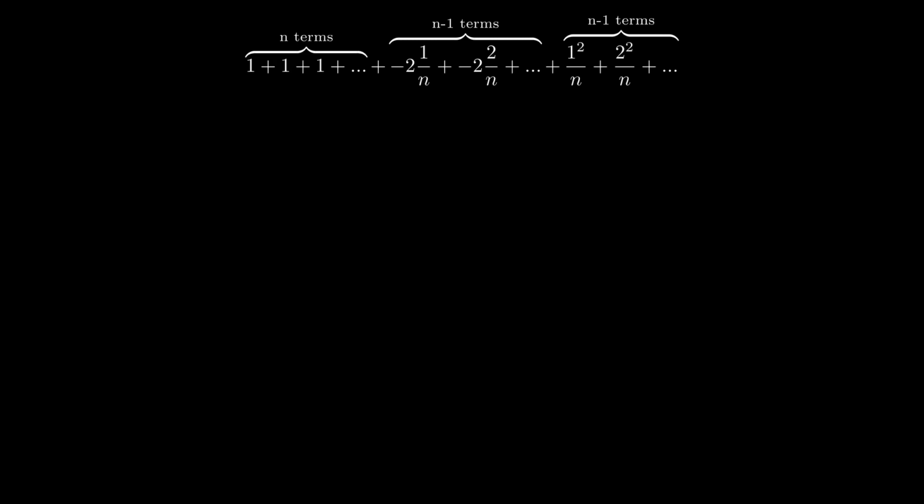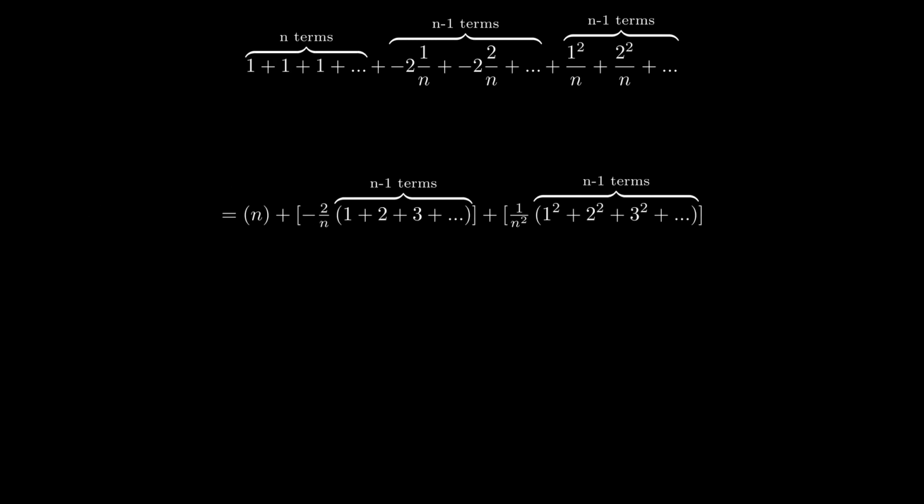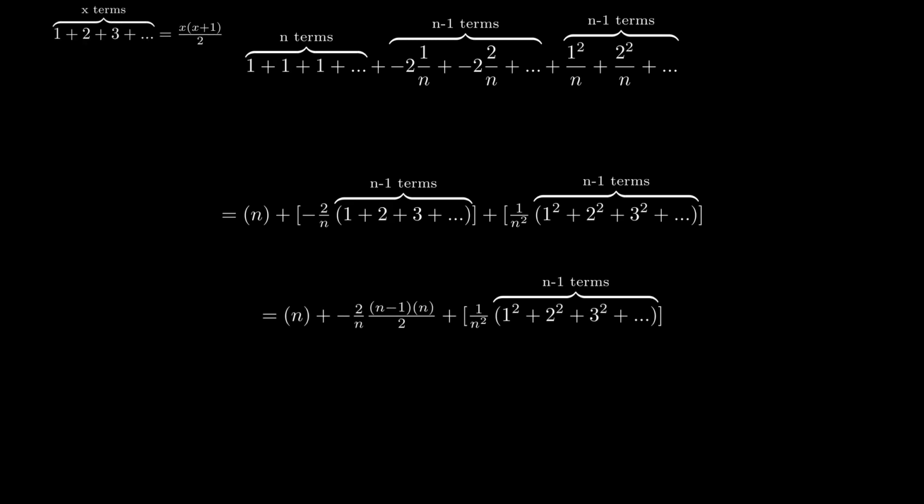The ones will clearly add up to n, and from the negative 2x over n's, we can factor out the negative 2 over n, and from the x squared over n squareds, we can factor out the 1 over n squared. We can now see two series. First is the 1 plus 2 plus 3 plus dot dot dot. Since there are n minus 1 terms, we can substitute the formula and it comes out to be (n minus 1) times n over 2.